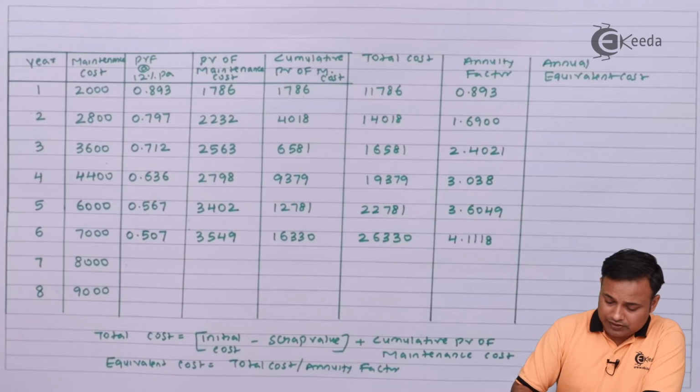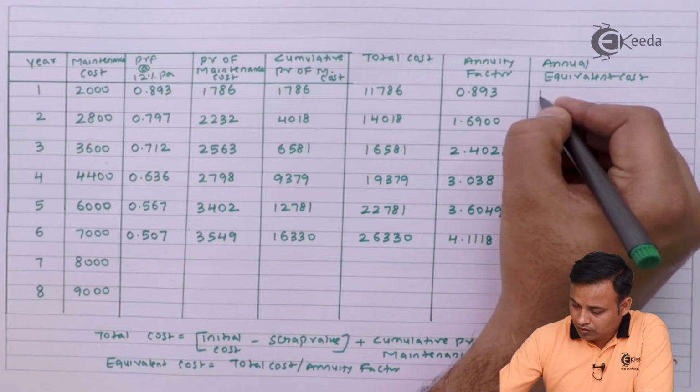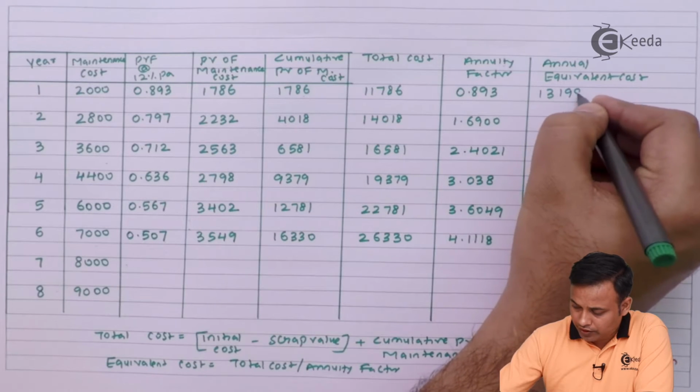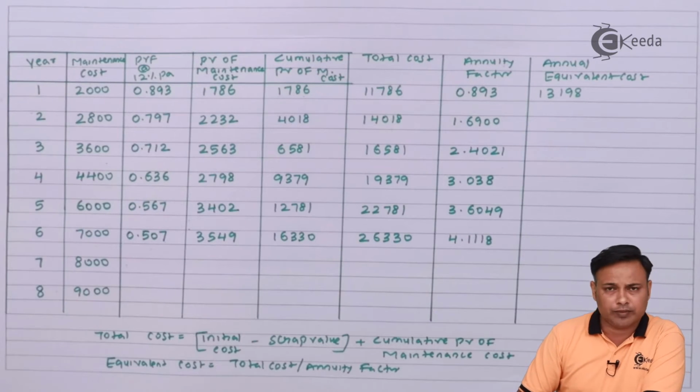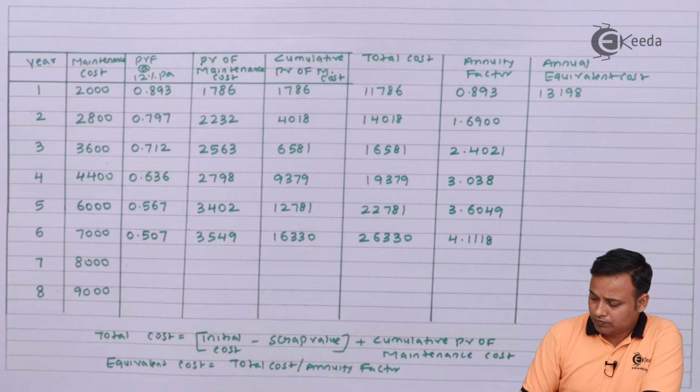So my answer will be 11786 divided by 0.893, 13,198.20. Rounding off, I write 13,199 rupees.